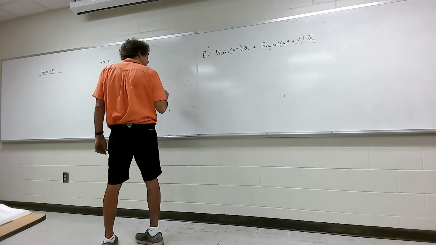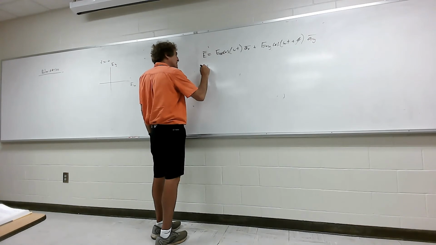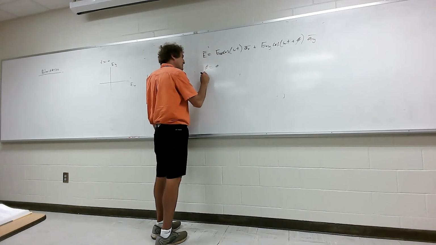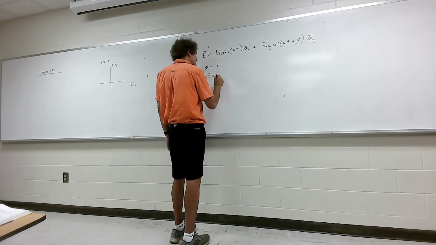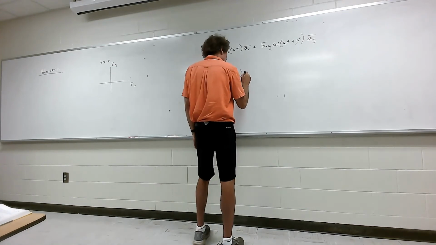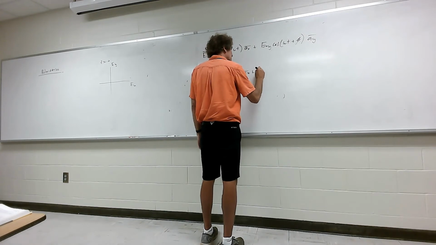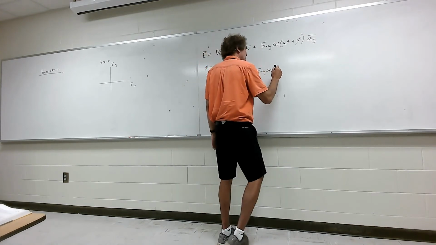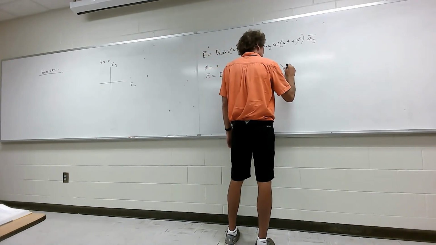Now, I'm going to start by saying the phase angle is 0. So that means my E field here is going to be some E0x cosine of omega t ax plus E0y cosine of omega t ay.